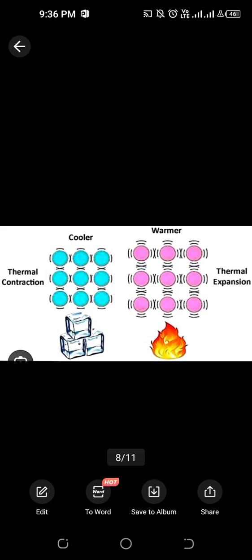This is an image where there is the concept of thermal contraction and thermal expansion. Just look at it, first of all, we'll discuss thermal contraction. When there is an ice cube, the molecules of the ice cube are closer to each other. The space between them is less, decreased, okay, and there is no vibration.